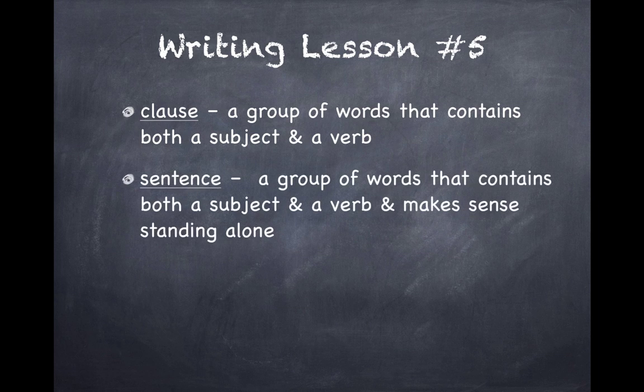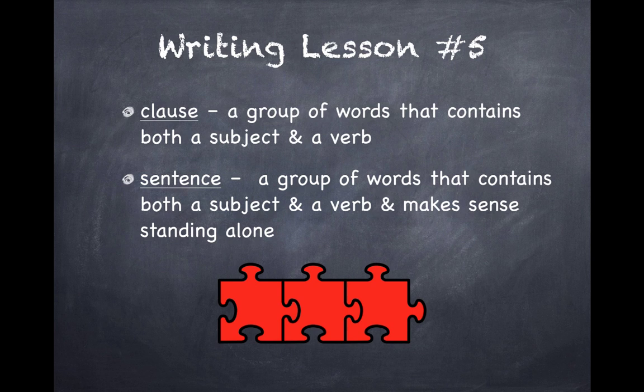And then lastly, we know that there's 2 different types of clauses, dependent clauses and independent clauses. Dependent clauses cannot stand alone, but independent clauses or sentences can stand alone. So a sentence is going to be a group of words that contains a subject, a verb, and makes sense standing alone. So think of them as 3 puzzle pieces together because there's more and they make up, but they still function as one unit.